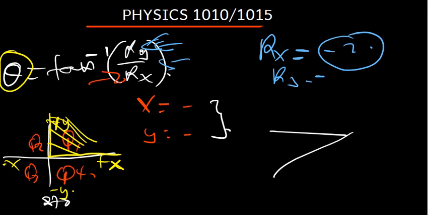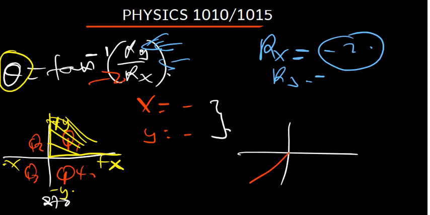So for example, if this is my xy plane and this is my terminal angle, the angle they want you to find is this one, from the x-axis all the way to the terminal. That's how we find terminal angles when it comes to trig.